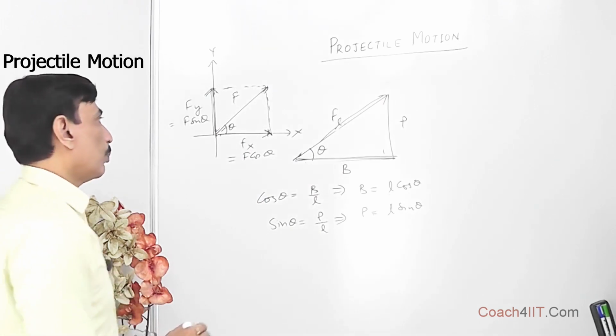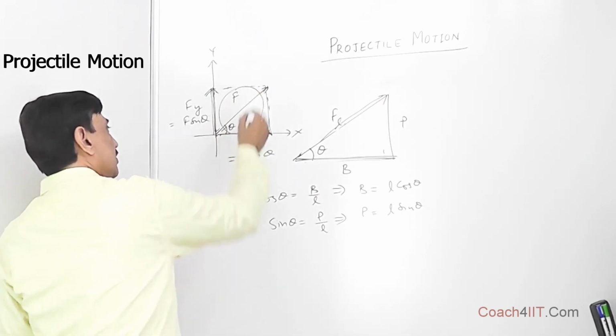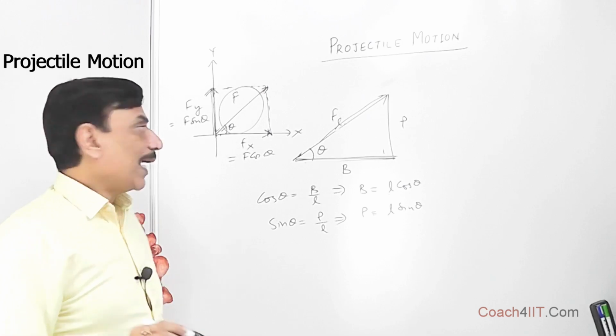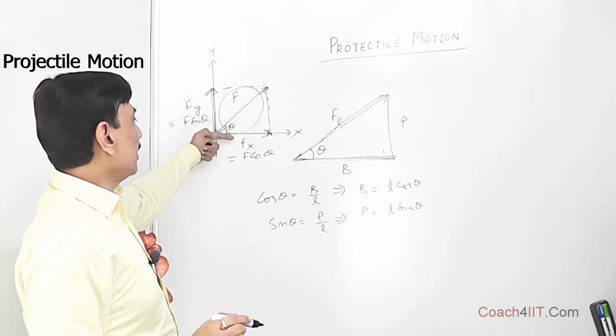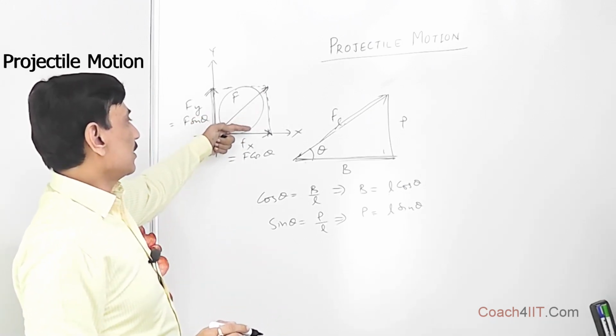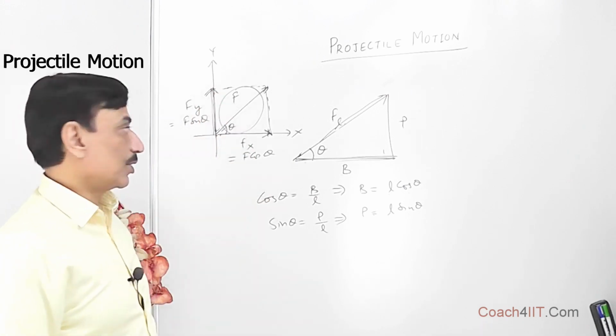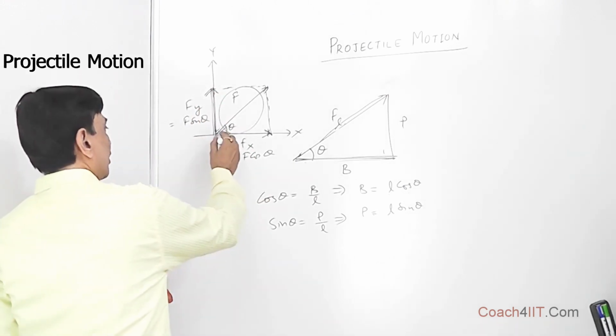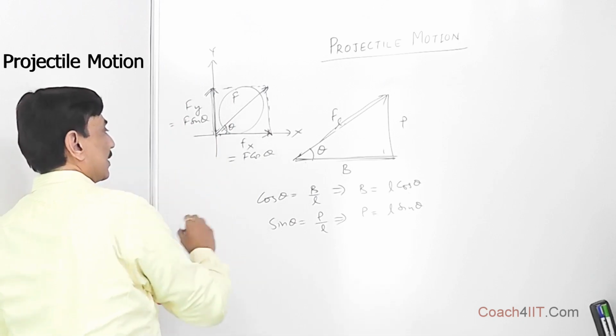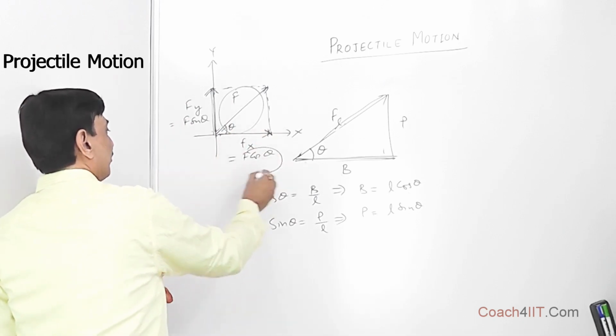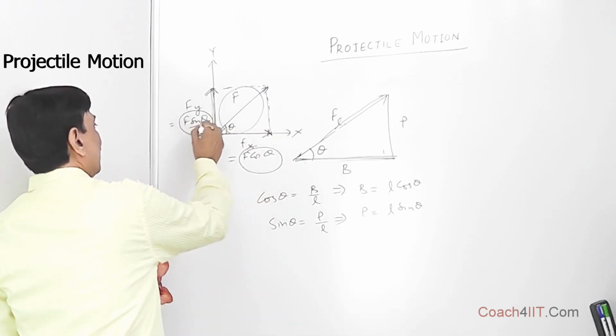So what are the components of this force or this vector which is aligned like this, making an angle of theta degrees with the x-axis in the positive direction, in the upward direction? It has two components, one along the x-axis, the other along the y-axis. The x-axis component is going to be F cos theta, and along the y-axis it is going to be F sin theta.